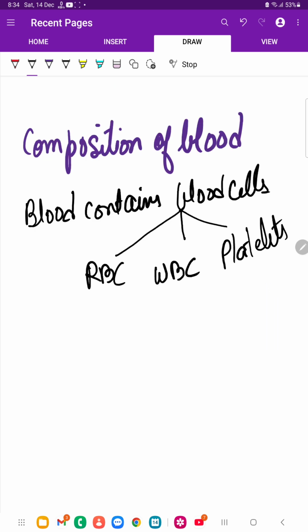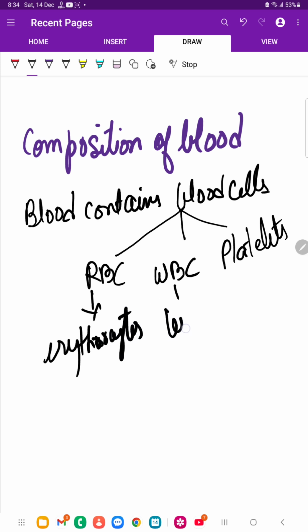Now the next thing is the composition of blood. Blood contains blood cells which are RBC, also known as erythrocytes, WBC known as leukocytes, and platelets known as thrombocytes.